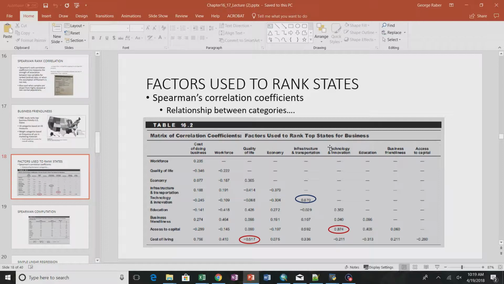The highest ones are technology and innovation and access to capital. Those are highly correlated. Infrastructure and transportation to technology and innovation is pretty high. Quality of life to cost of living is fairly negatively correlated. Quality of life, I don't know how exactly they're measuring that.